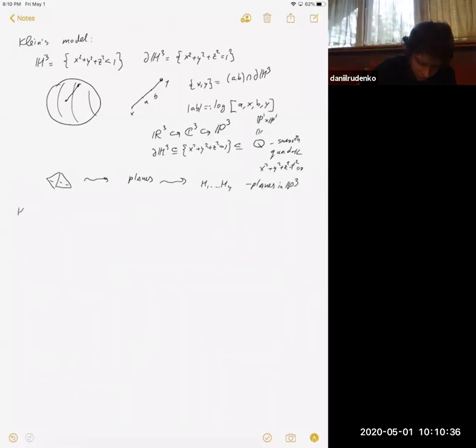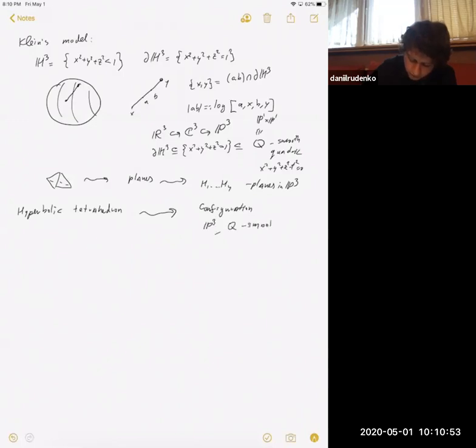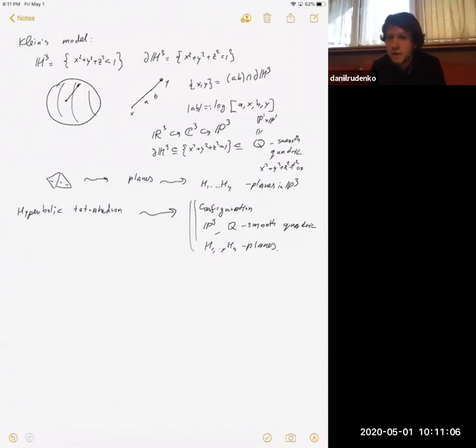And so every hyperbolic tetrahedron produces a configuration of P3, a smooth quadric, and 4 planes. And basically, this is what I will call projective tetrahedra. This is a natural generalization, an object for which one can define angles, lengths of edges, and so on.